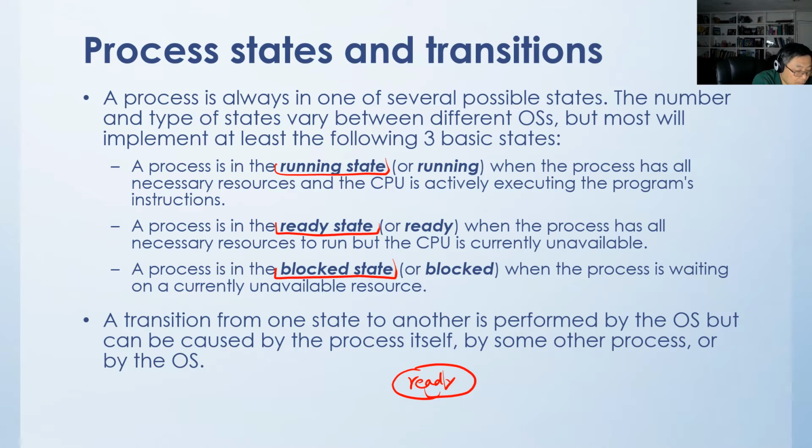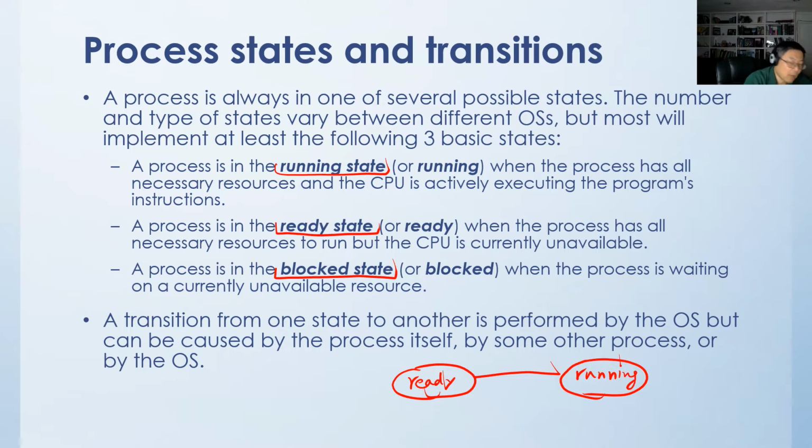The CPU may not be available, so that means it's ready to run, but it's currently not running. Okay. And then once the CPU is ready for this process, the CPU starts to fetch the instructions for the program and load them into the CPU, and this process is now in the running state.